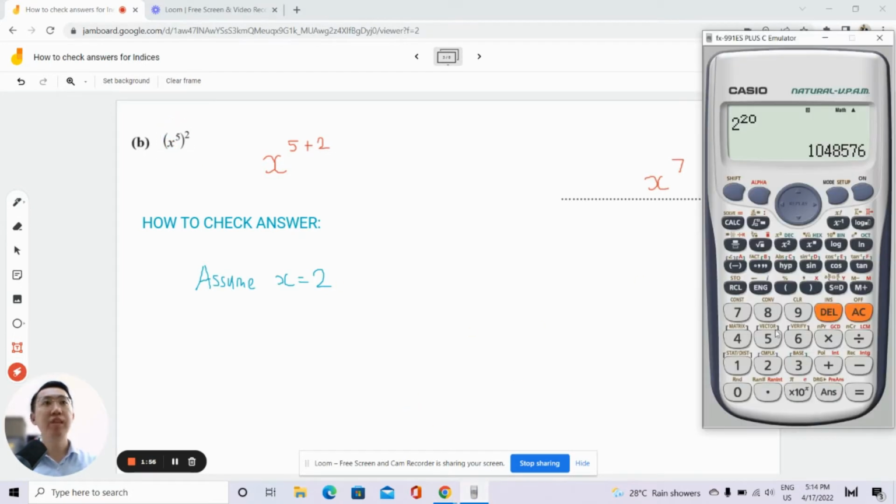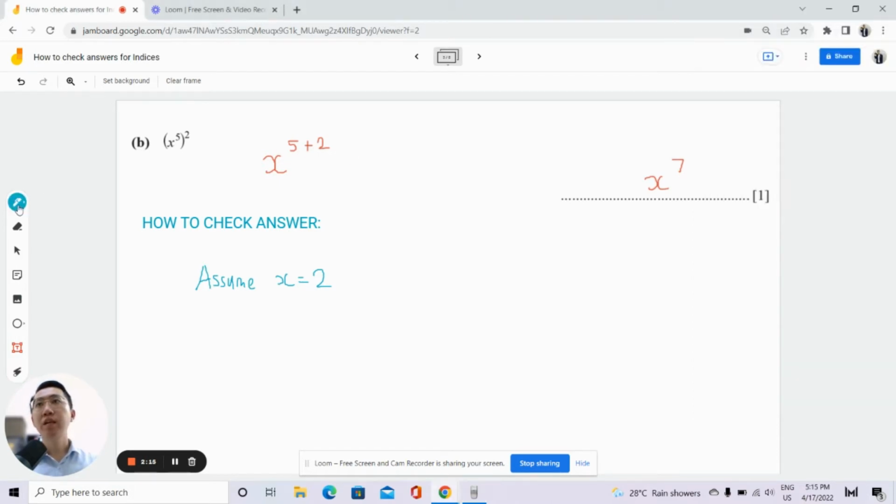I am going to put exactly the same, bracket 2 power of 5, close, and power of 2 again. So you can type like this and press equal. So 1024. I'm going to use a pencil to write this will get me 1024.